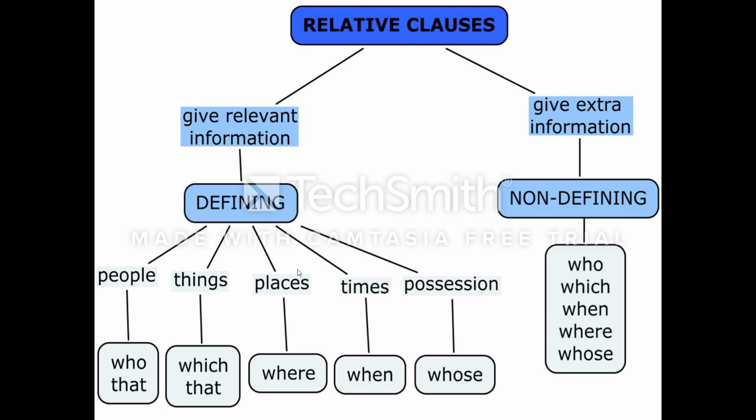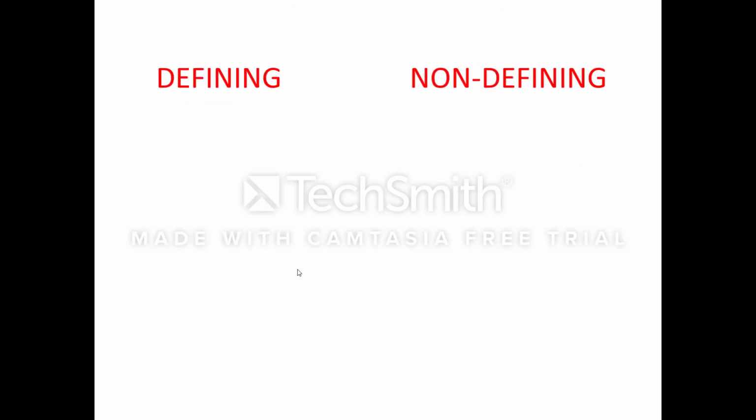As you can see here, in defining relative clauses we can use who and that for people, which and that for things, where for places, when for times, and whose for possession.